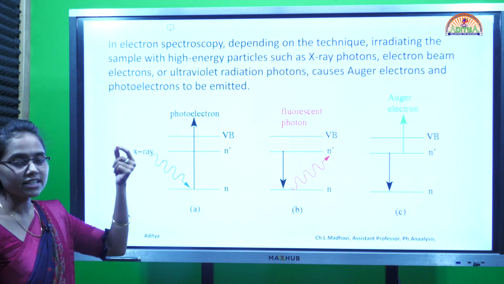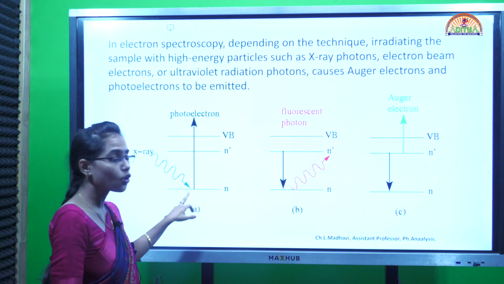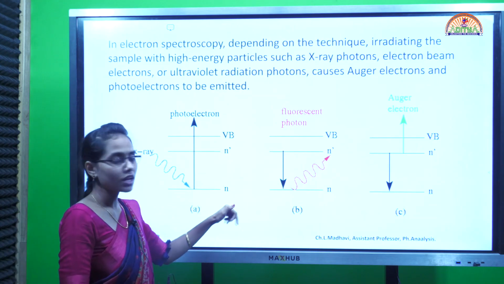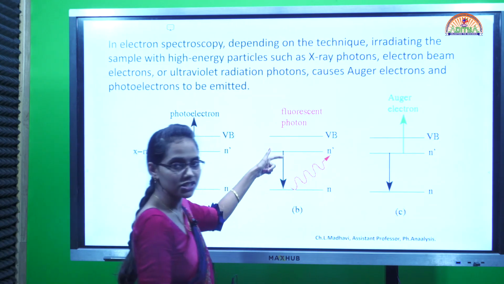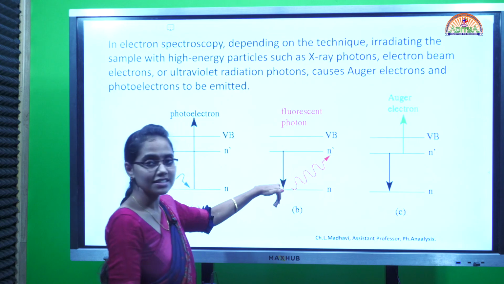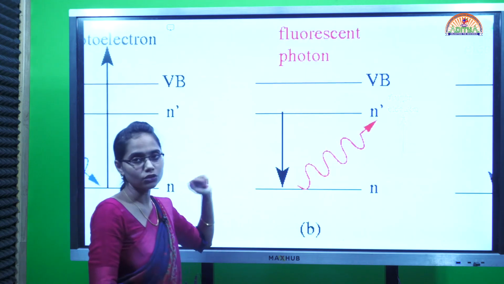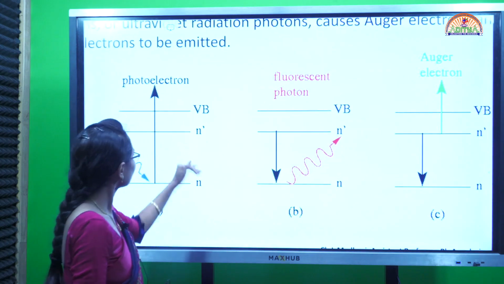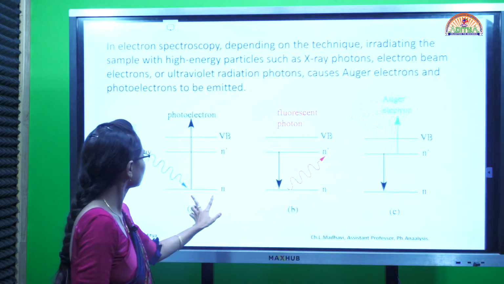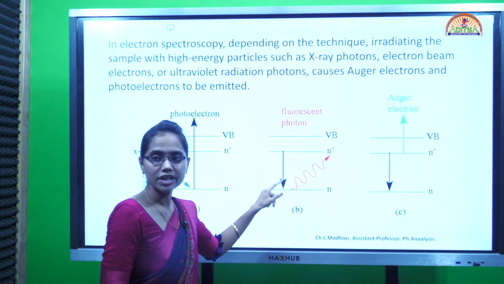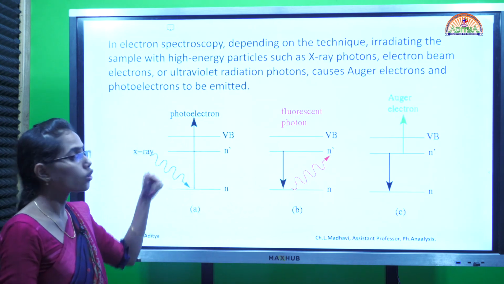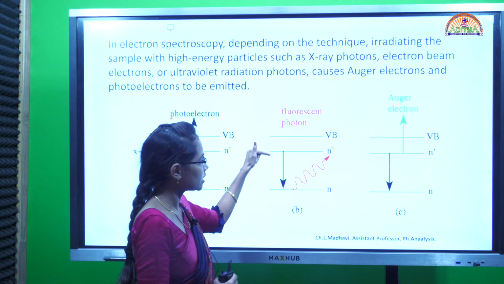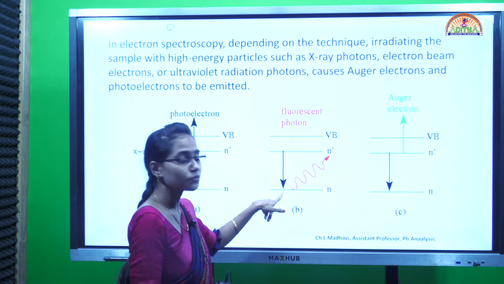To fill that hole, an electron from a higher energy level descends down. So when a photoelectron is ejected out, a hole is created, and an electron from the higher energy level descends to fill it.